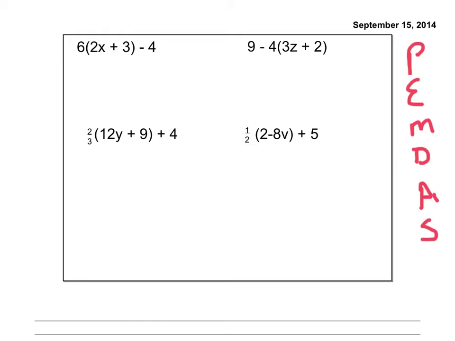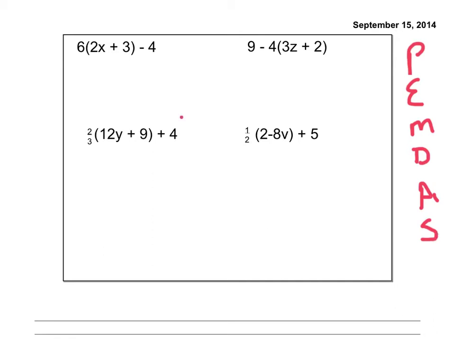So as we look at this first problem up here, we've got 6 up against the parentheses, which means it's 6 times 2x plus 3, and then minus 4. So that means we're going to take care of multiplication before we take care of the subtraction.